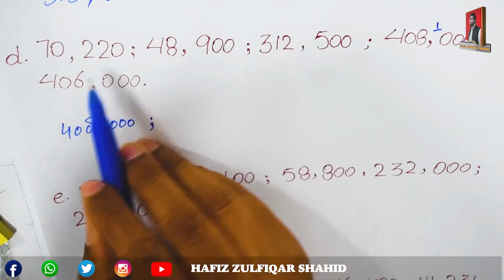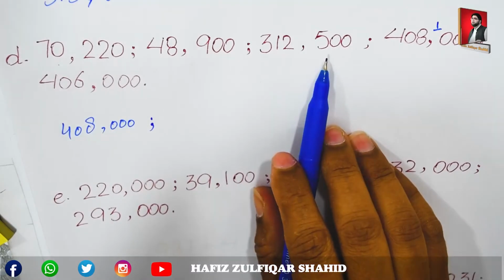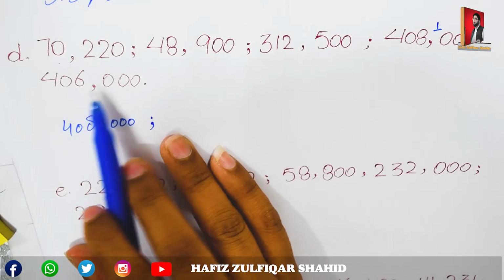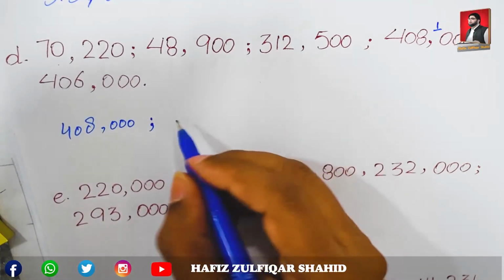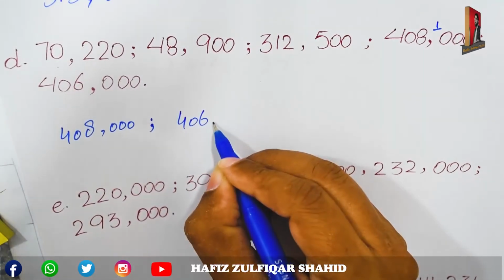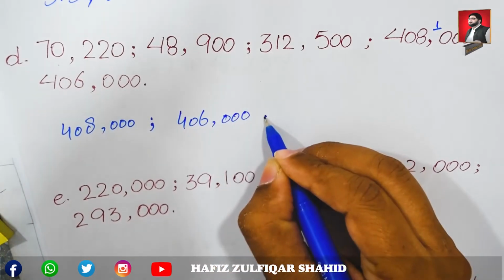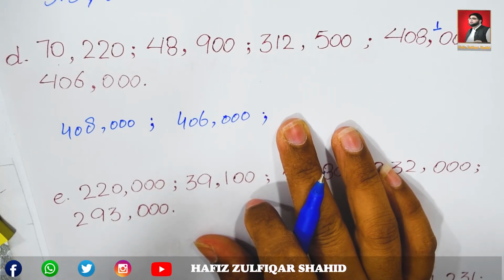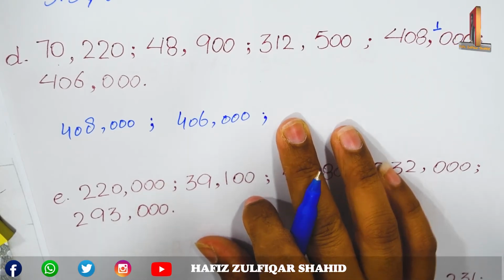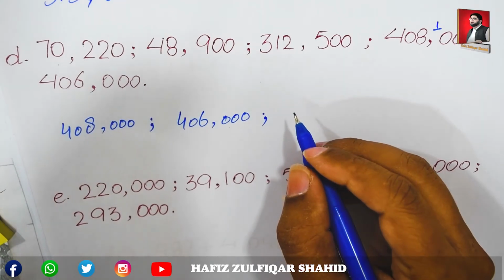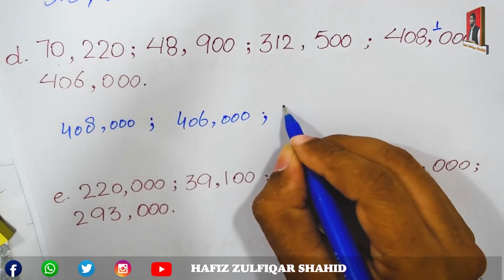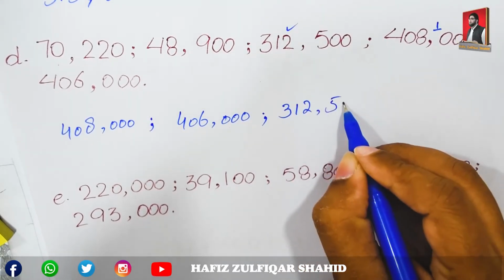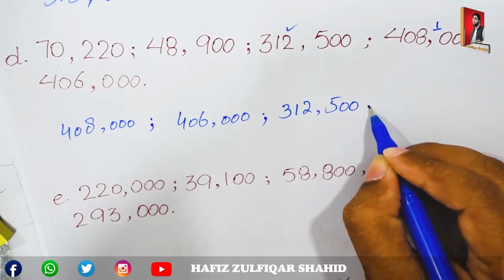Now find out the second, smaller than 408 but greater than all remaining values, and it is 406,000. And the third one is 312,500.